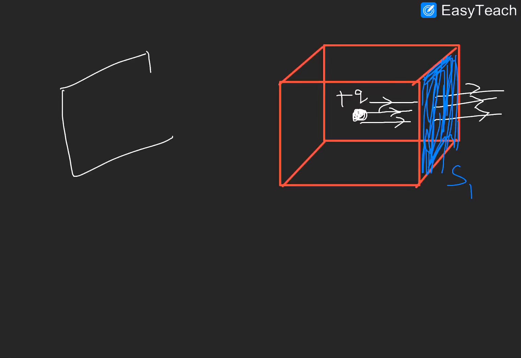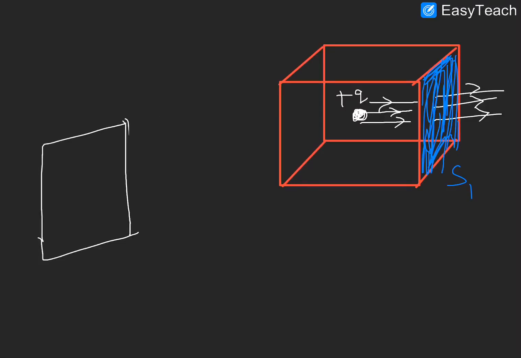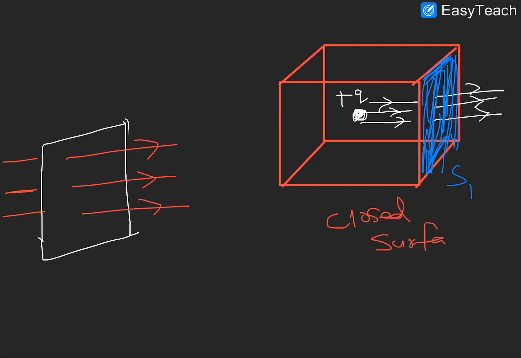This is your S1, and electric field lines are passing through this S1. This is a closed surface because it is a cube. Inside the cube there are some charges and all the sides are closed, so it is a closed surface I am considering.